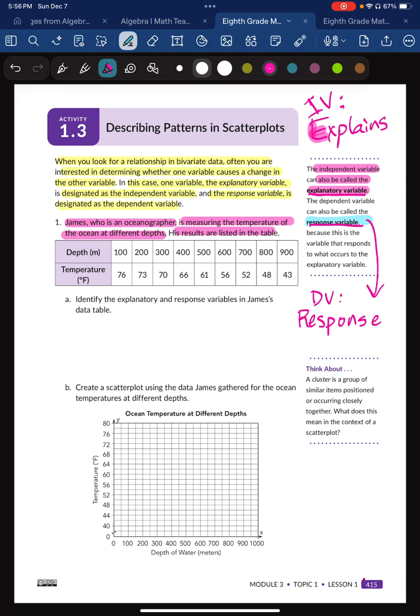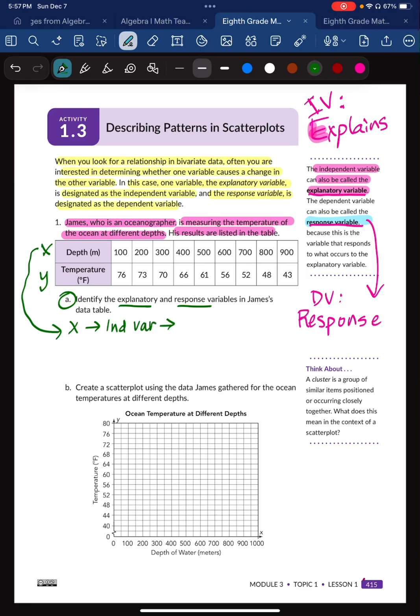So let's think of it as we normally do when we have a set of information. We've got our X and our Y. We can go ahead and answer this question, the explanatory and response variable. The X is the independent variable.